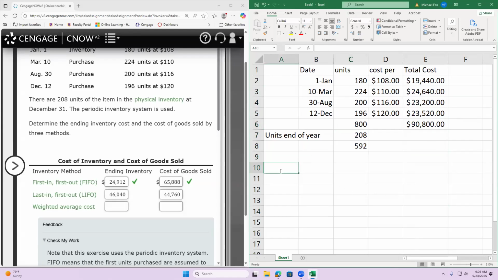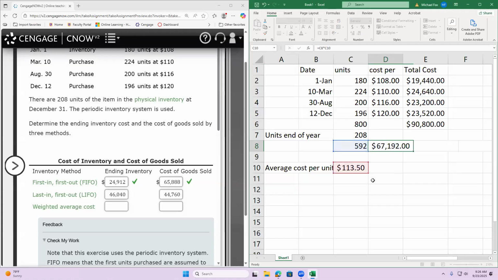So my average cost per unit is just 90,800, the total cost of goods available, divided by 800, the total number of units. And that gives me an average cost per unit of $113.50. And then if I sold 592 of those, my cost of goods sold would be 592 times 113.50.